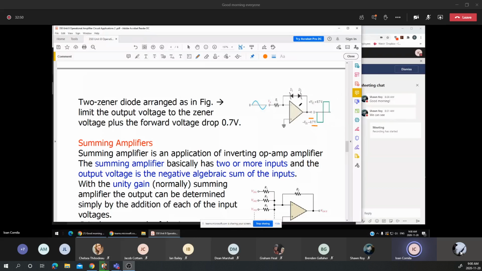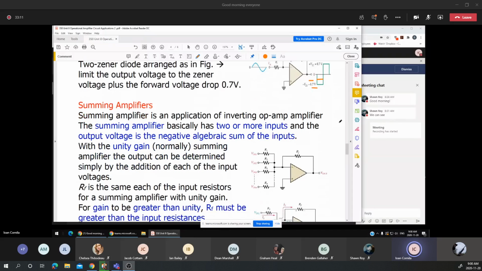Using the same circuit, we have a pretty good way to change the value of D1 and D2 and get different amplitudes of the output voltage, depending on what is required for these circuits.